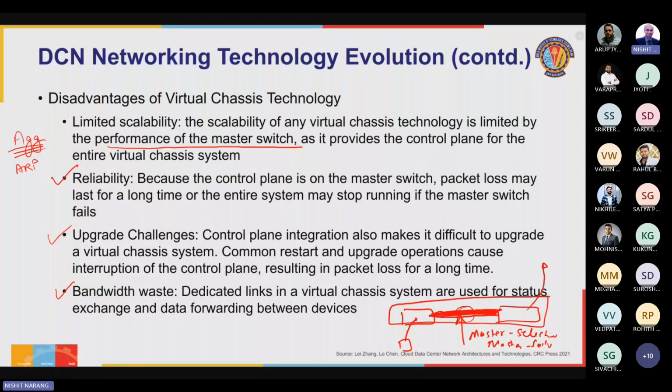It's seen as a bandwidth waste. So you always try to limit the control plane traffic. In a virtual chassis system, you've actually ended up increasing the control plane traffic, in a way bringing in more wastage of the network bandwidth. So these are some of the disadvantages that come with the virtual chassis technology. It has some benefits, but it also has disadvantages.